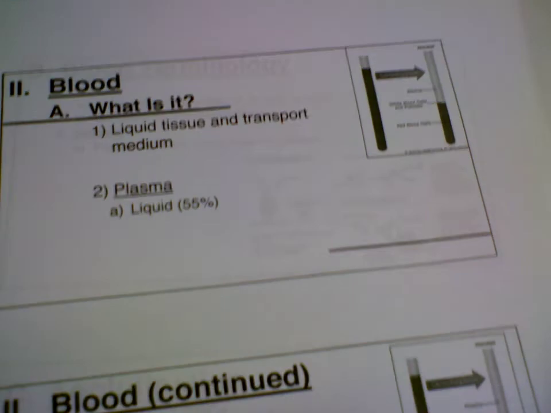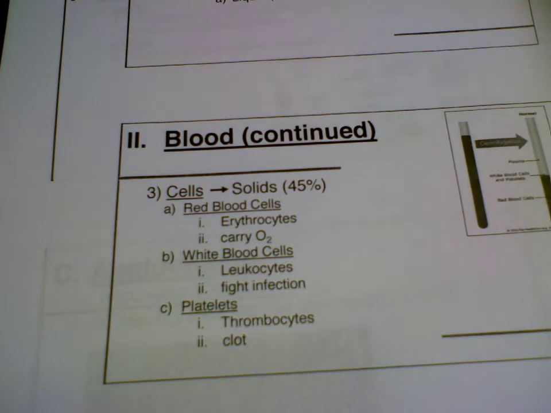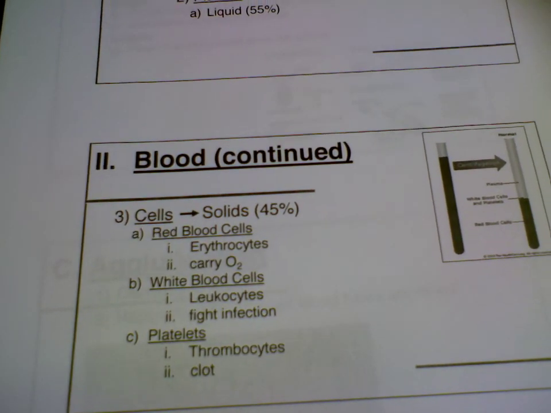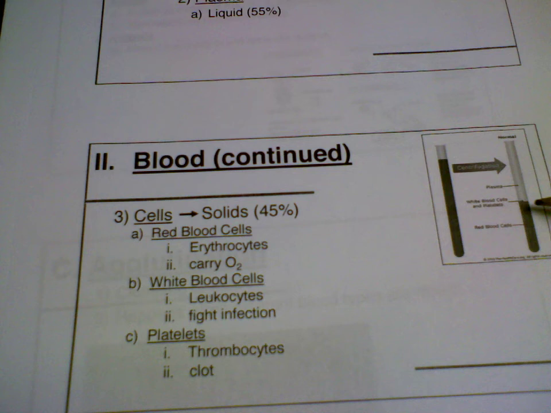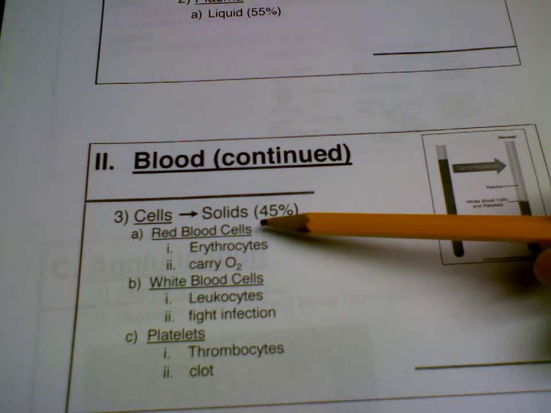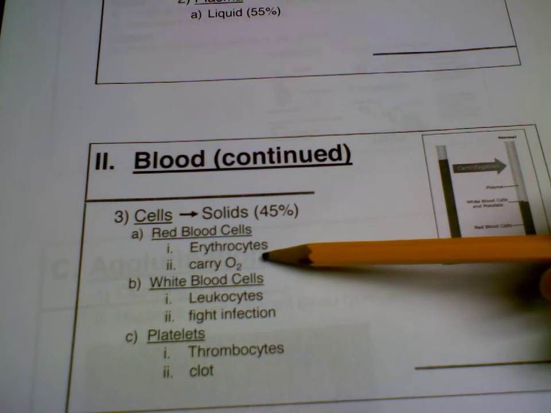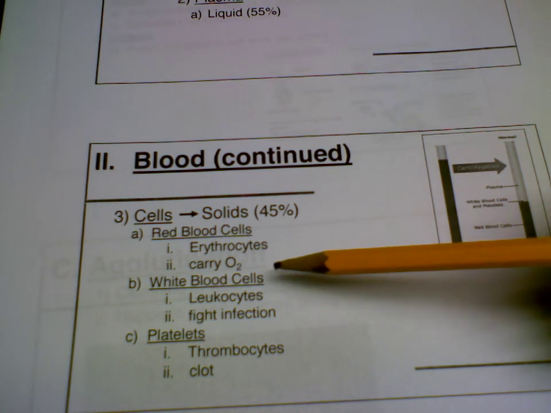If we slide over now and take a look at the next slide on the PowerPoint, these are the cells down here. That's the other 45% of our blood. Those are solids. We find three types of cells: red blood cells, also called erythrocytes. They carry oxygen. That is their function.